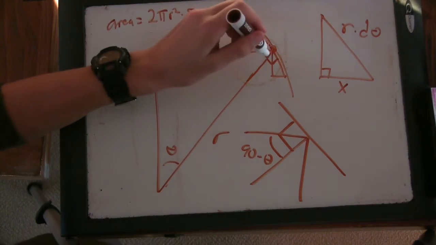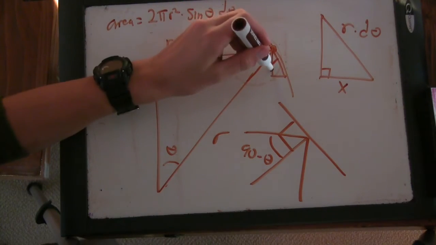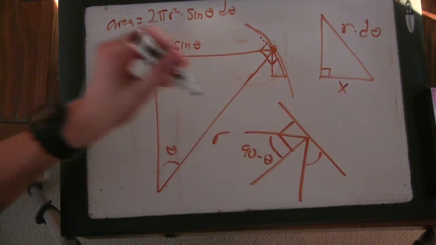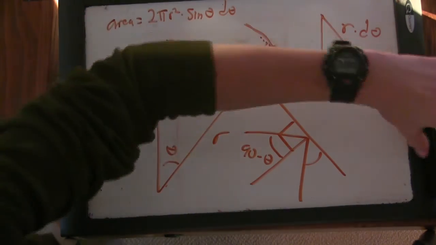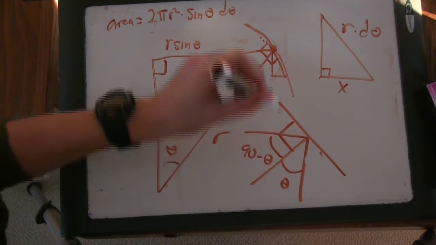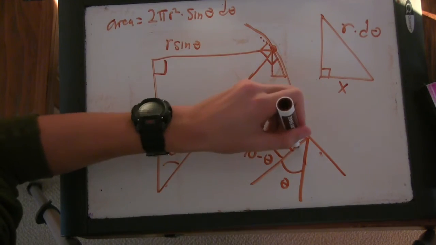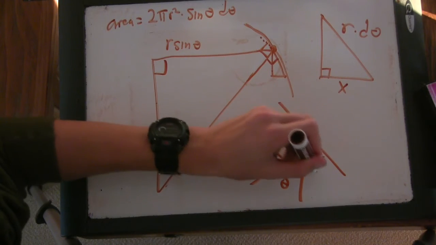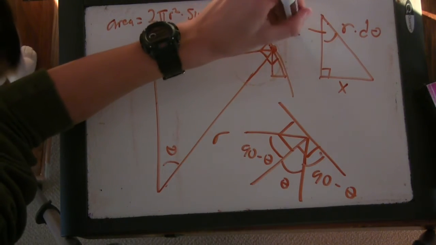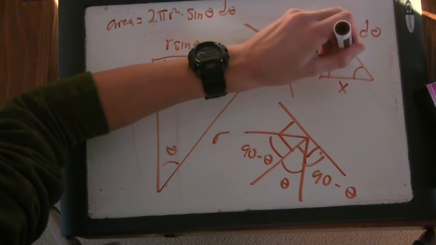Since these are both right triangles, we know these two sides here and here are parallel. So we know this angle, or no, not that angle, it's this angle. It's theta. And then because we know this is also a right angle, we know this is 90 minus theta. So this is theta.